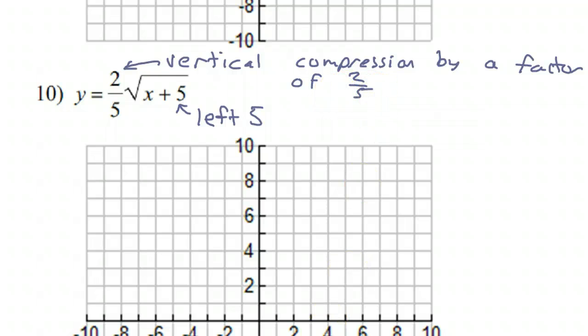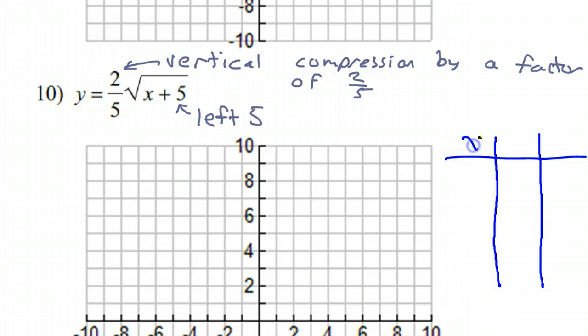Now, anytime we have an A value like this, I recommend that you make a new table of values with 3 columns. In the first column we'll put our x's, in our second column goes the parent function, and in the third column we apply the A value.